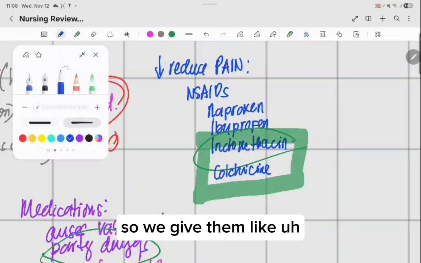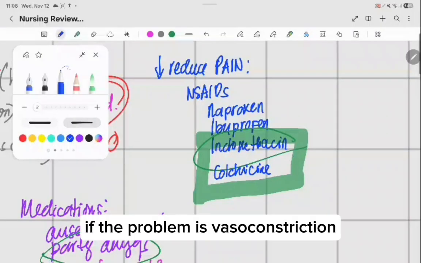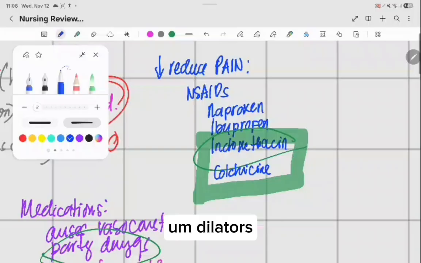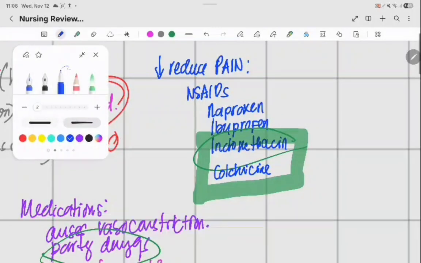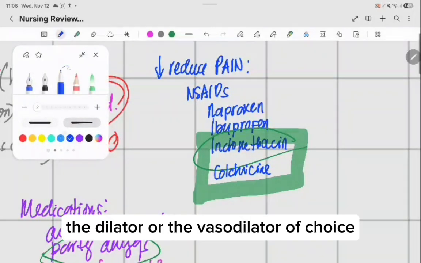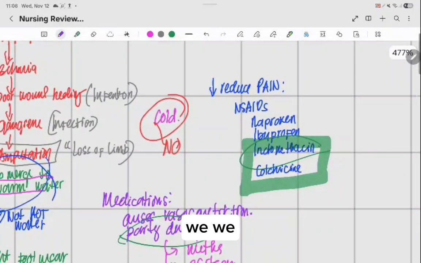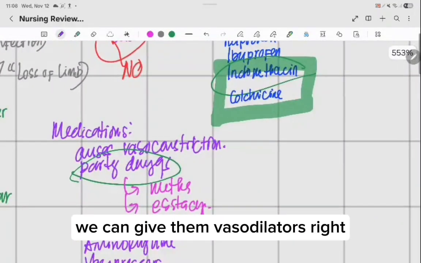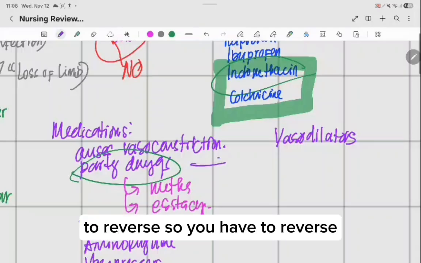So if the problem is vasoconstriction, we give them vasodilators. The vasodilator of choice, because you have to reverse it. Okay, we can give them vasodilators, right? So vasodilators to reverse.